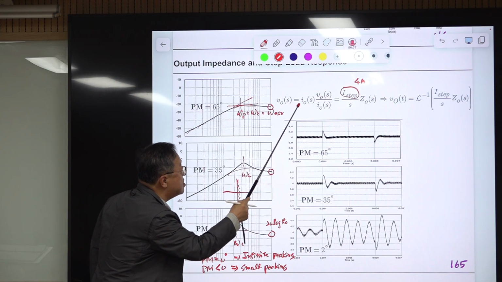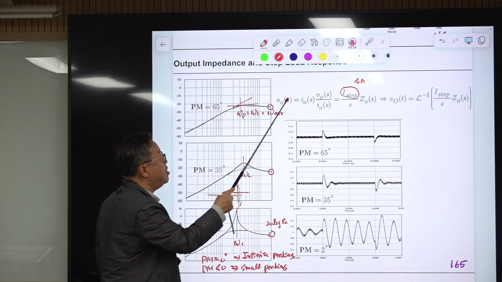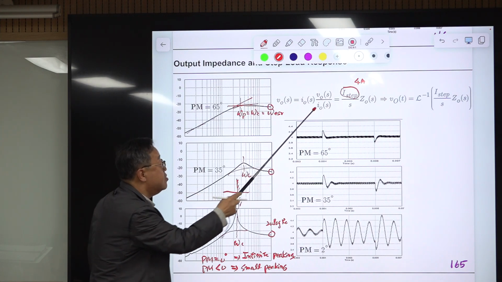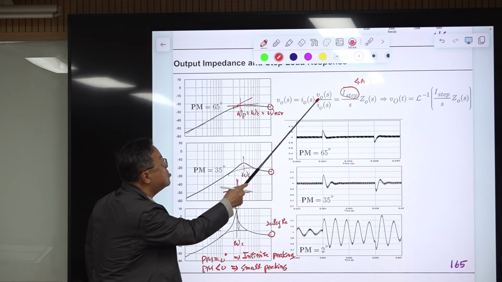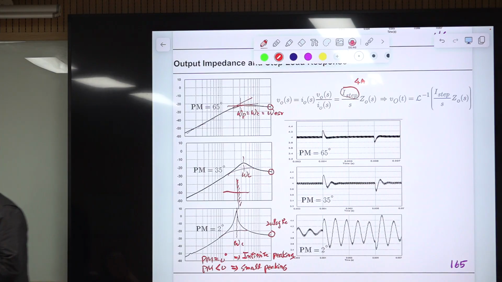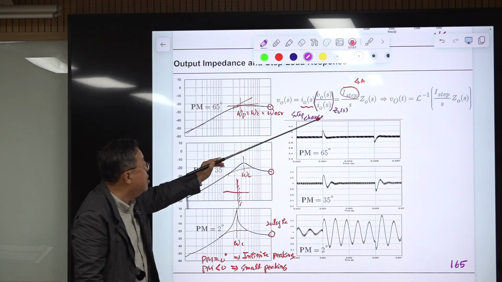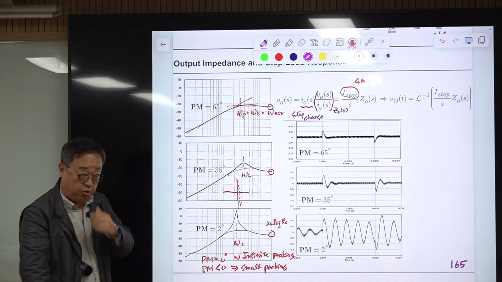Okay, this input times the transfer function becomes the output. Okay, you don't cancel this, then VO is VO. It's nothing, but this IO is the disturbance source, step change. And this is the output impedance. It is a transfer function. So input times transfer function becomes output in the S domain.